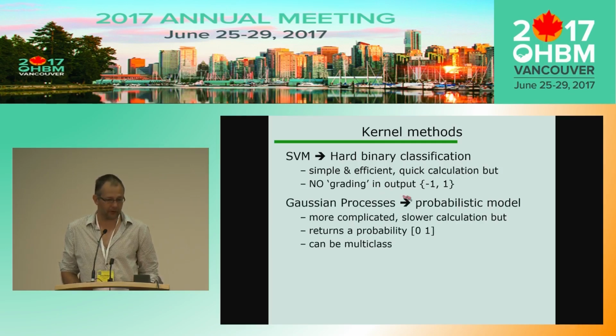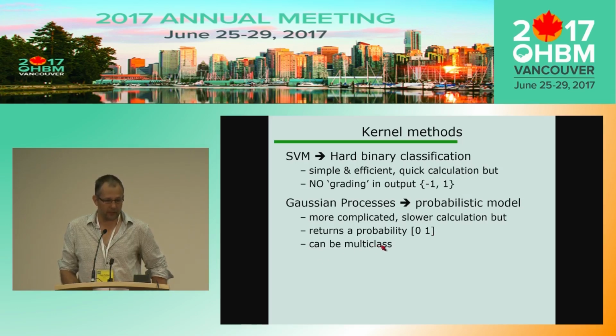Now you have other machines that are more probabilistic, in general, stuff like Gaussian processes. They are more complicated from an algorithmic point of view, and they are necessarily slower to calculate because you have more parameters to tune. But they have other advantages. For example, they can return a probability of being in one class or the other.